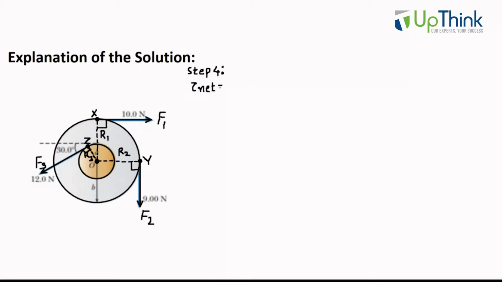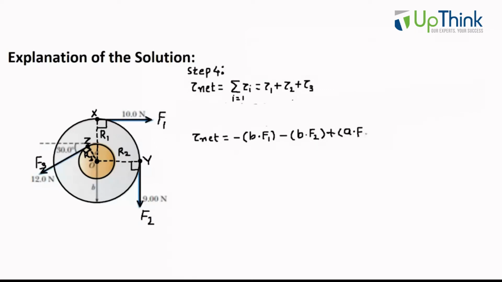Step 4. Net torque can be found by adding the individual torques assigned with appropriate signs. So, tau net is equal to minus (B into F1), minus (B into F2), plus (A into F3).